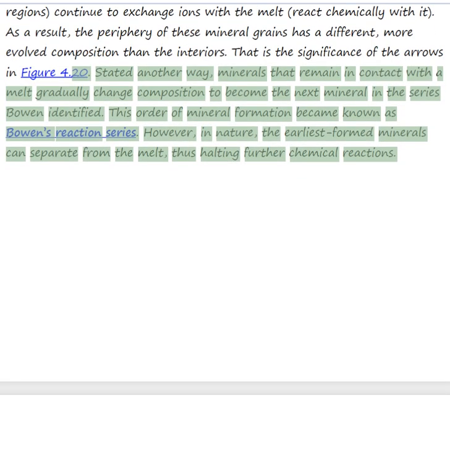Stated another way, minerals that remain in contact with a melt gradually change composition to become the next mineral in the series Bowen identified. This order of mineral formation became known as Bowen's reaction series. However, in nature, the earliest formed minerals can separate from the melt, thus halting further chemical reactions.